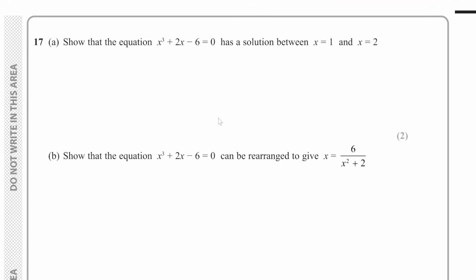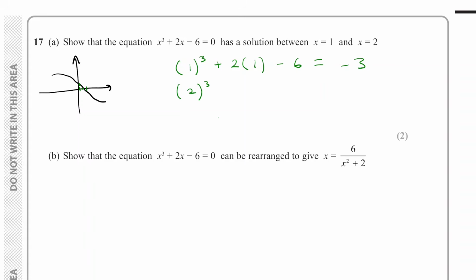Question 17a, show that the equation x cubed plus 2x minus 6 equals 0 has a solution between 1 and 2. So if it has a solution between 1 and 2, on a graph, the solution is where it crosses the x-axis. If it's got a solution between 1 and 2, it's going to be positive on one side and negative on the other side. So if we do 1 cubed plus 2 1s take away 6, we get negative 3.